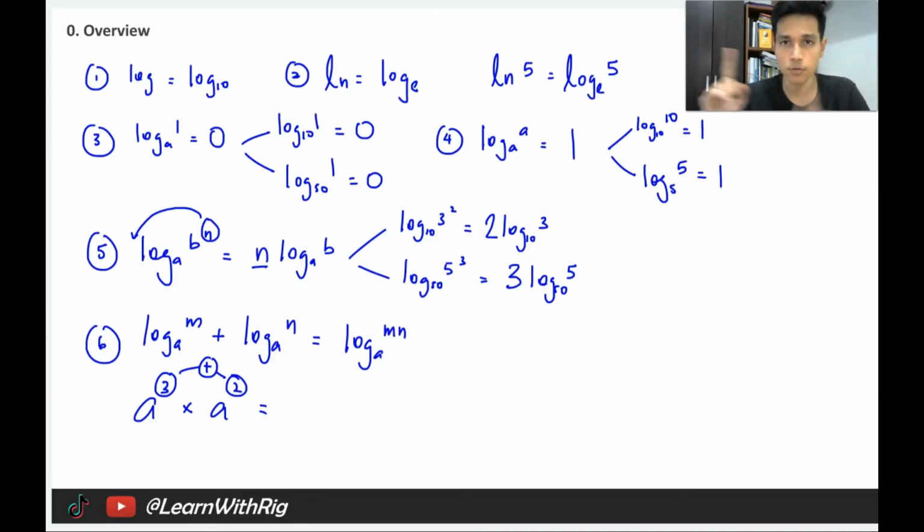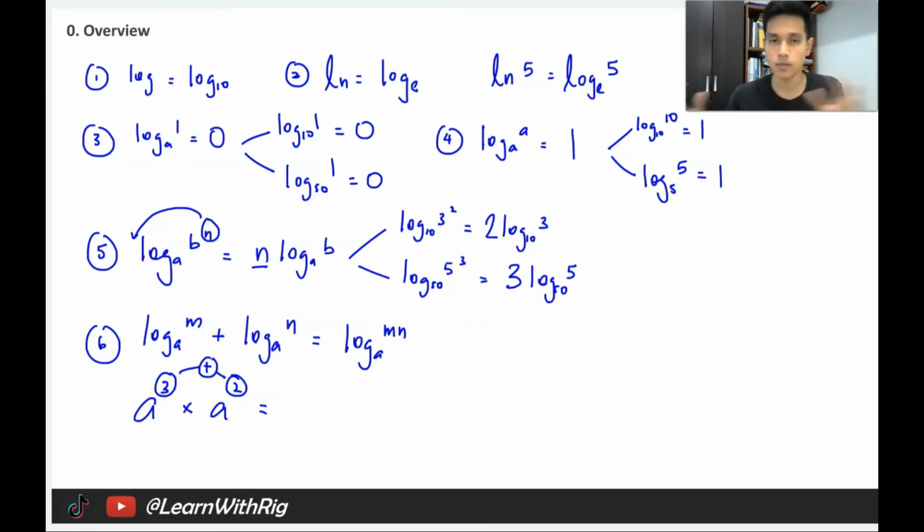The m and the n values you multiply. So it's opposite from indices. With indices, whenever you see multiplication, you add the powers, or if you see divide, you subtract the powers. But in the case of log, when it is addition, you have to multiply the values of the log.